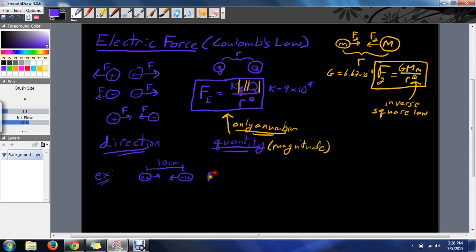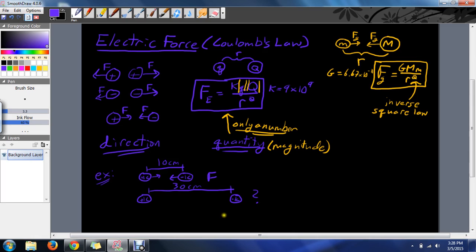And the force is just some general F. Obviously we could figure it out, but I don't feel like doing that. I just want to ask, what happens if I separate them by 30 centimeters? What is the new force in terms of F?